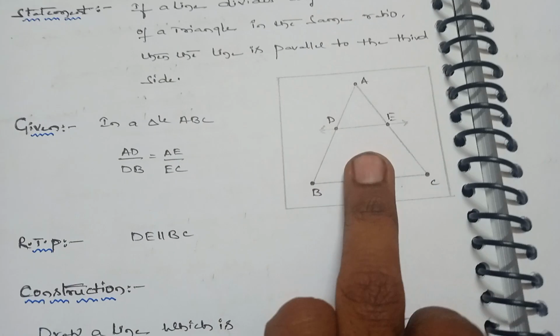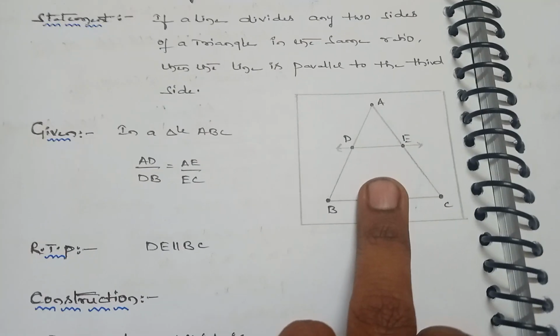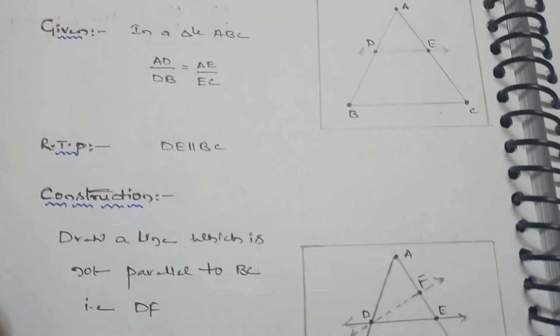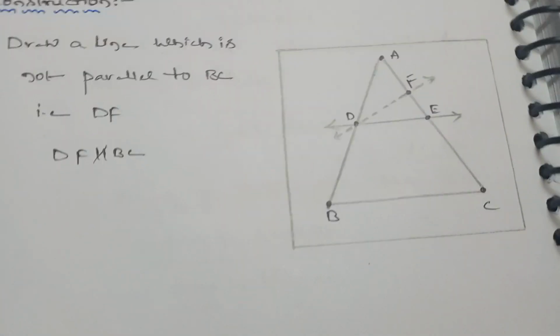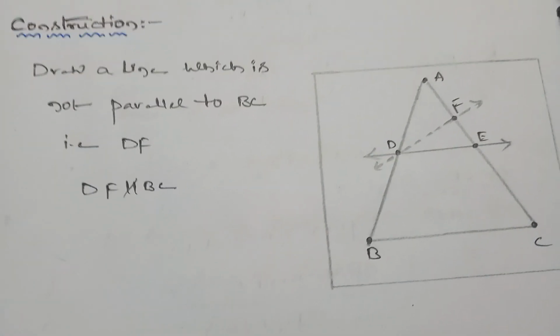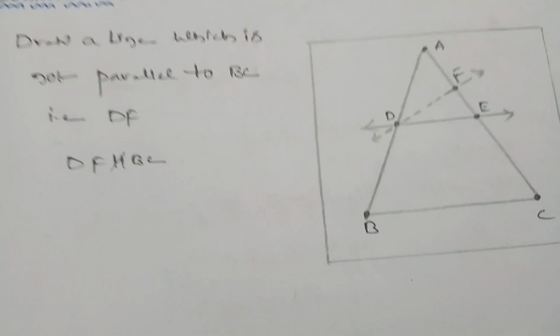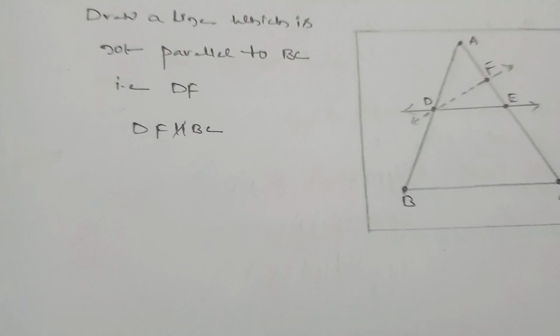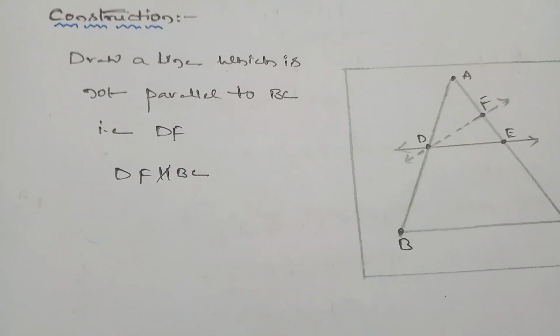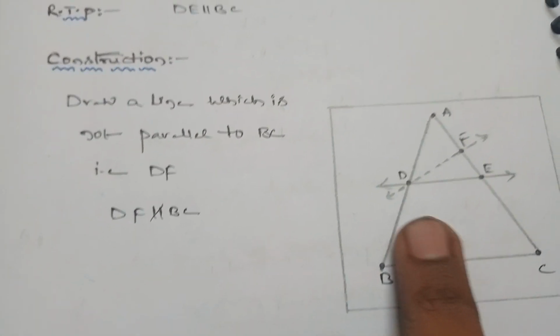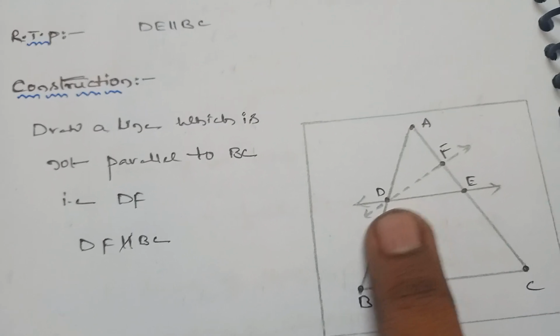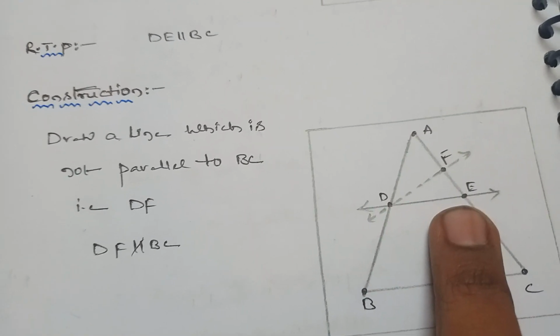To prove this theorem, guys, we need to take some construction part, which means we need to take some extra steps to fulfill this theorem. See here, DE is a parallel line, right?